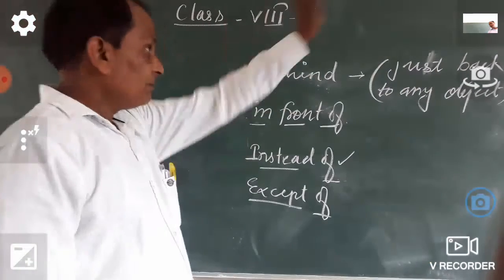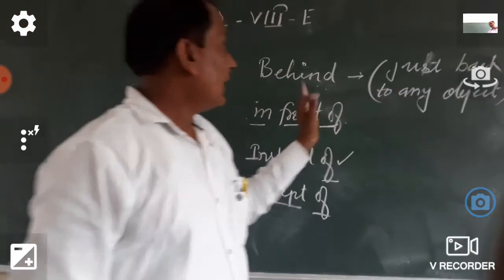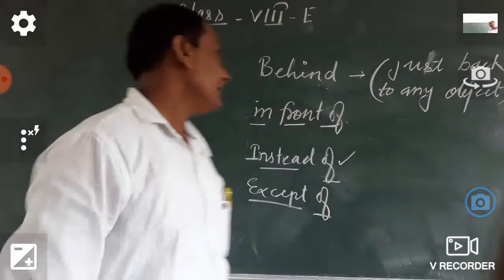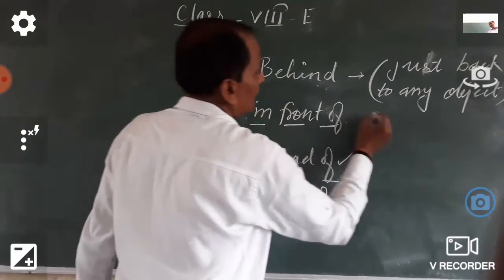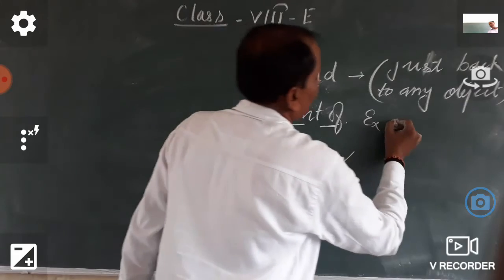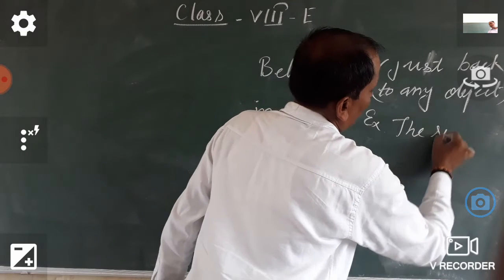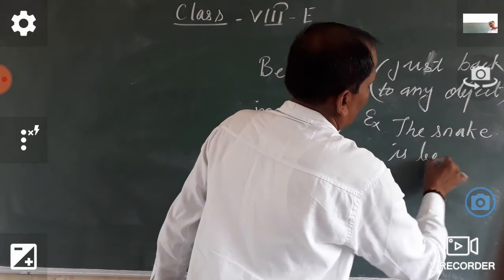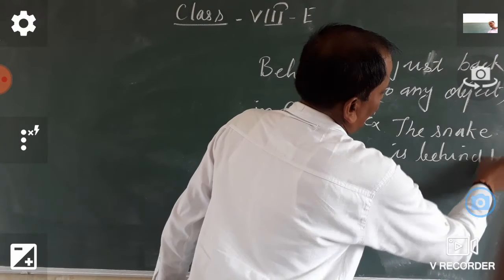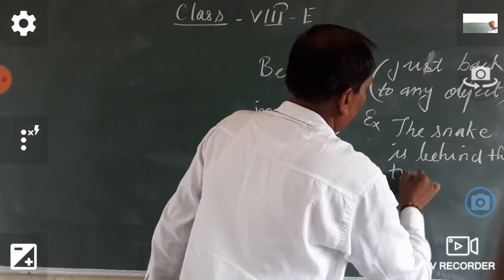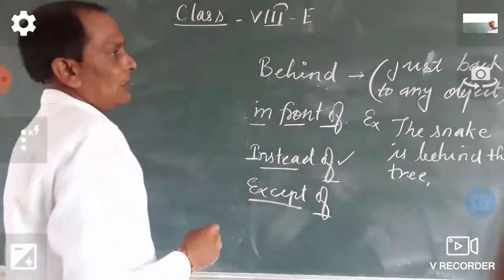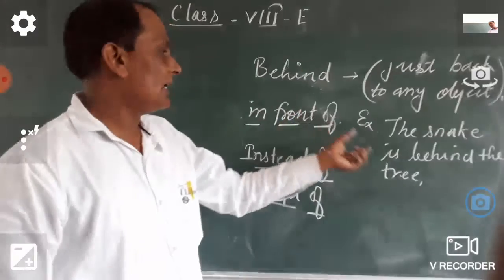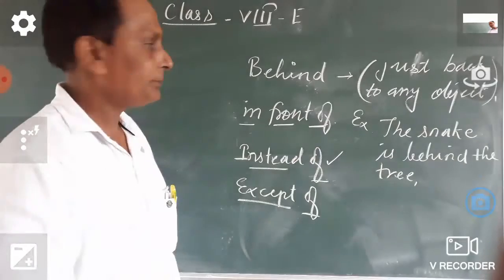As the snake is behind the tree. The snake is behind the tree, the example you can take. The snake is behind the tree. Okay. So what did you understand here? Just back. The snake is just behind the tree.